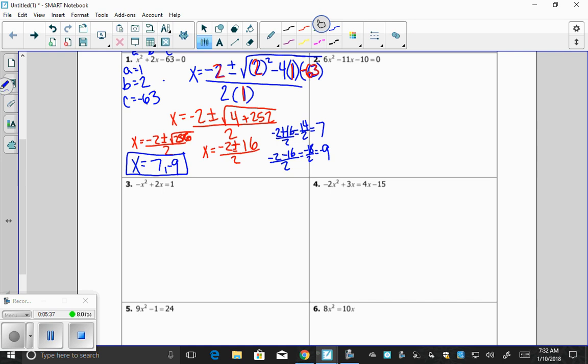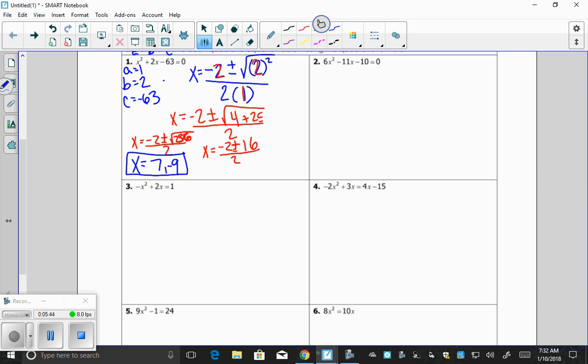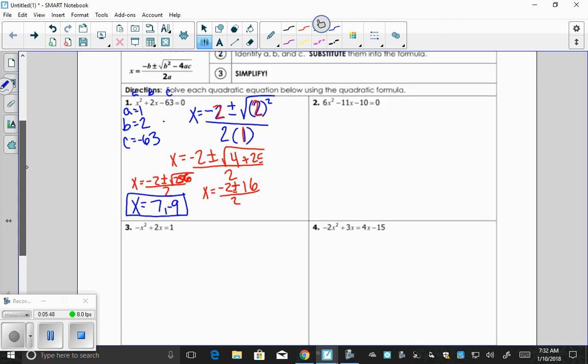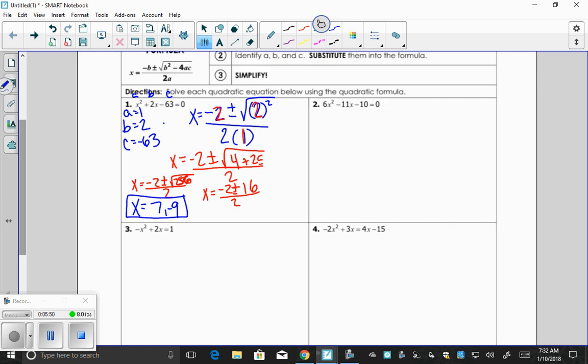Problem 2. Here again, my first step is to label my a, b, and c. So a in this problem now is 6. B is negative 11. And c is negative 10.